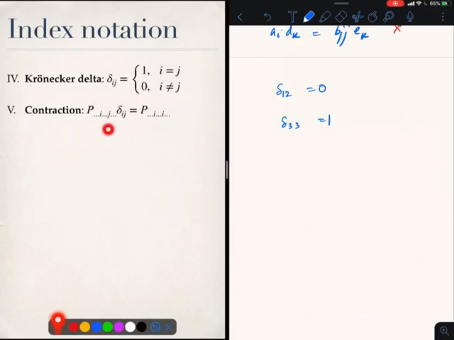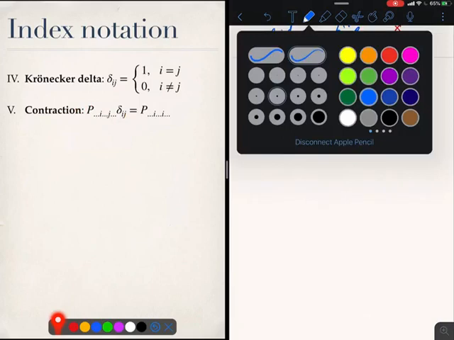That's an important operation. That's the important use of the Kronecker delta. So over here I have some complicated thing, some nasty object which has many indices. Okay. And at some place I have i and j, and I am multiplying this nasty object by delta ij. Now we know that delta ij is either 1 or 0 depending on i is equal to j or i not equal to j. In this term, i and j are repeated, so therefore they are dummy indices. So we will sum them over.